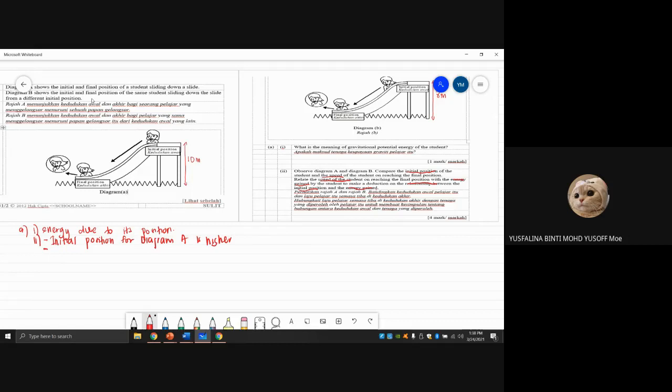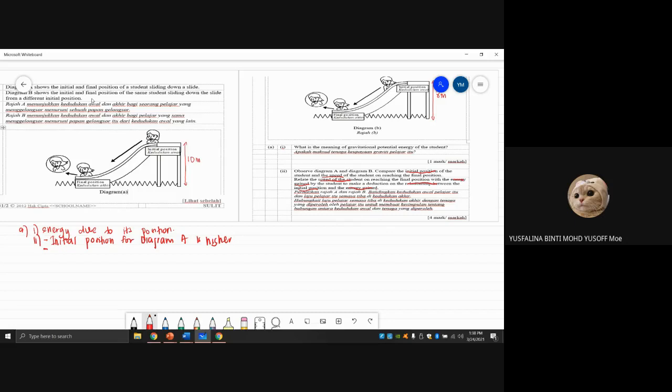Actually, when the girl is at the initial position there, what energy does the girl possess? She has gravitational potential energy. When she goes down, the gravitational potential energy changes to kinetic energy.